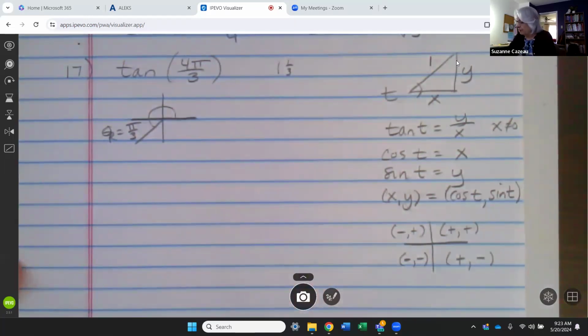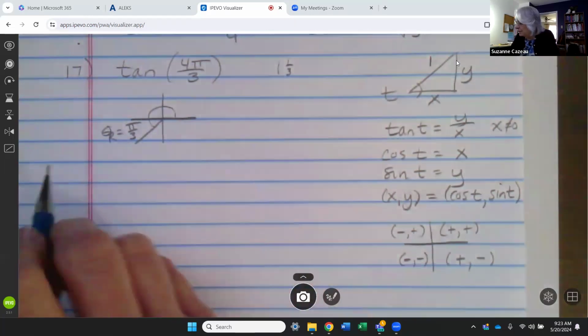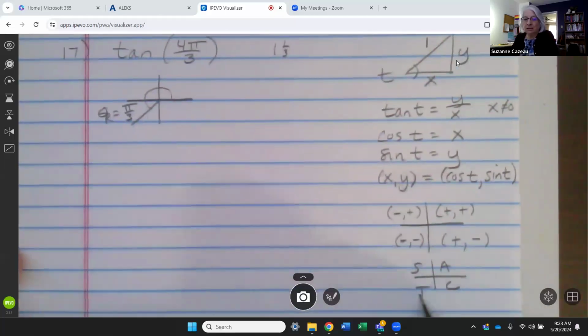That's your reference angle. Now tangent, if you want to do all students take calculus, tangent is positive in quadrant 3. Also note that opposite over adjacent is going to be negative over negative, which is positive. That's why tangent is positive in quadrant 3.